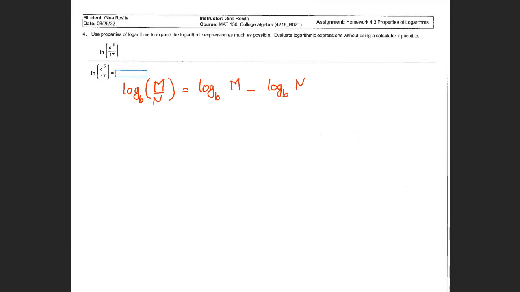So we're going to use this one. Now our problem is natural log of e to the fifth over 17.